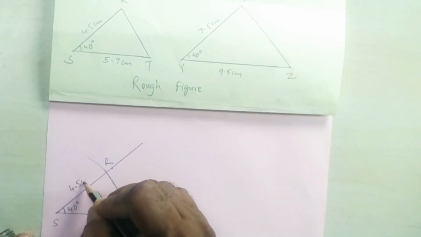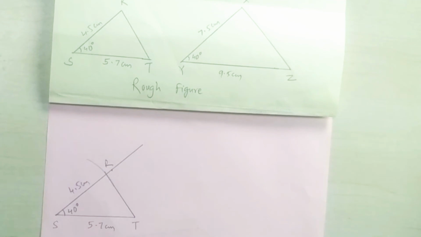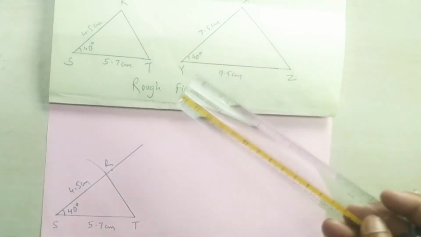So this is triangle RST. Now we will construct triangle XYZ, similar to triangle RST.